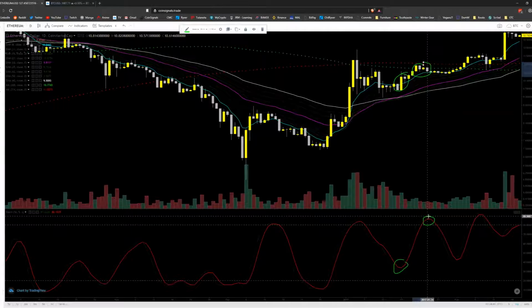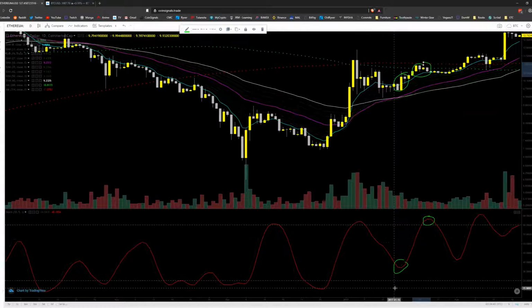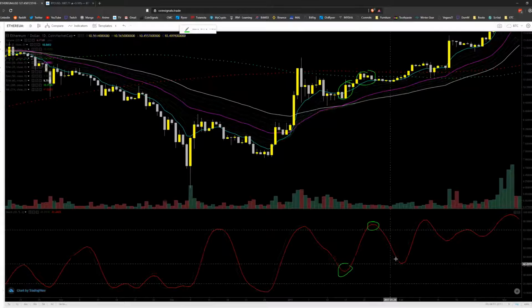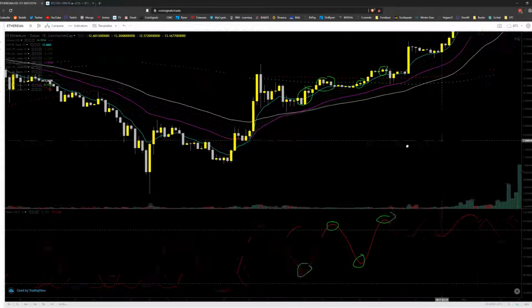All right, so the cycle crosses, you should be out of 80% of your size. You can keep on 20%, right? Ride this core position until your daily breaks down. And then when you get the cross back up, okay, you can add that 80% right back on. Cycle cross down, you should be out 80%. Back up, back in, back down, back out.